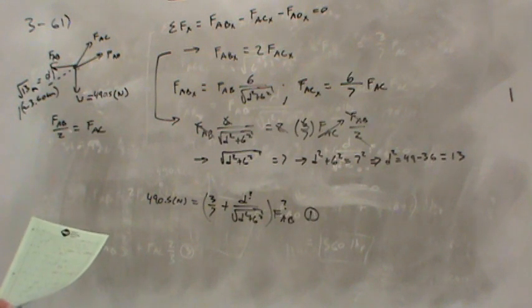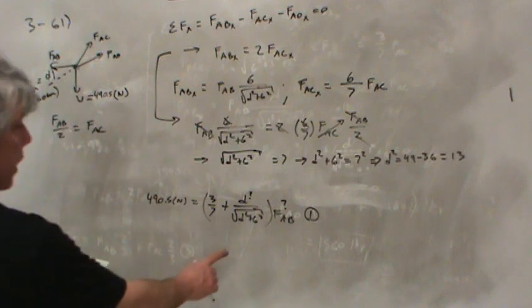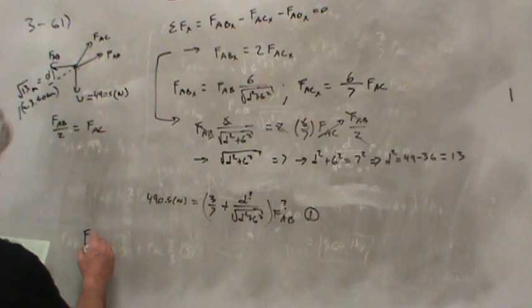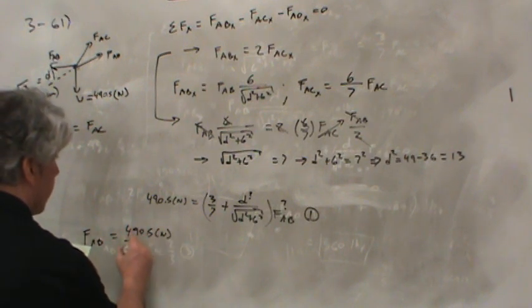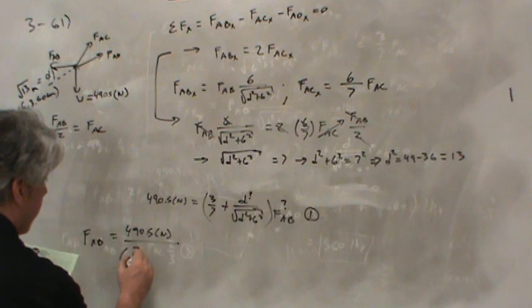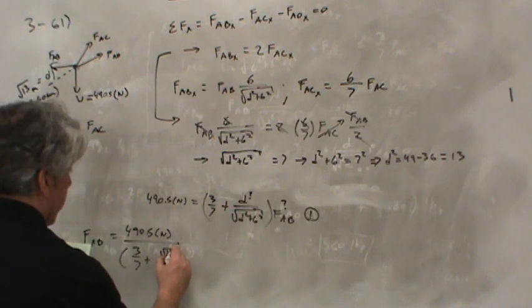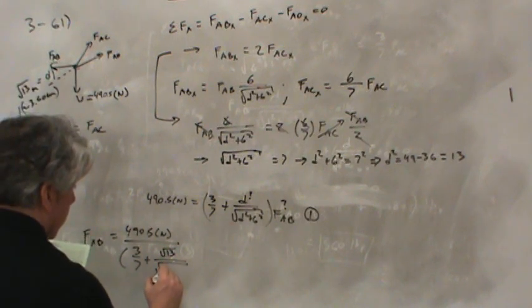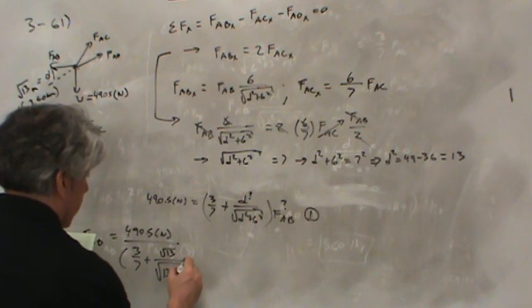Well, now that we've got length D, can we go back to equation 1 and say what is FAB? Sure. FAB is 490.5 newtons divided by all of this: 3/7 plus, now we know D is root 13, and the square root of D is again root 13, so square it, you get 13 plus 36.